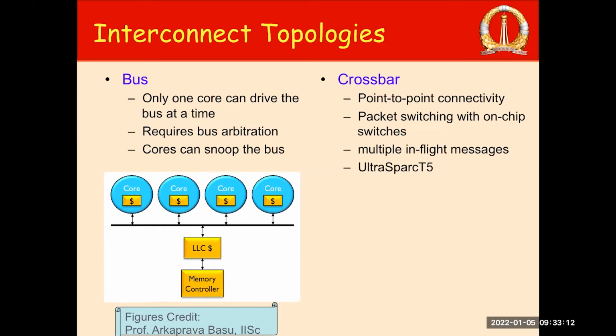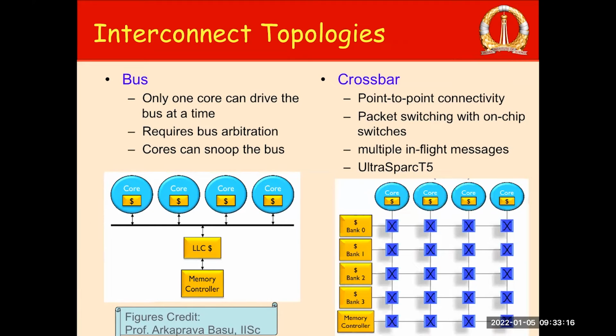One possible interconnect topology is the crossbar interconnect topology, where each core is connected to one or more switches, in this particular case one switch, which in turn is connected to other switches and so on. And the shared last level cache is divided into multiple banks, and these banks are also connected to the crossbar network. So what you can see here is that in the case of a crossbar network, there are multiple switches.